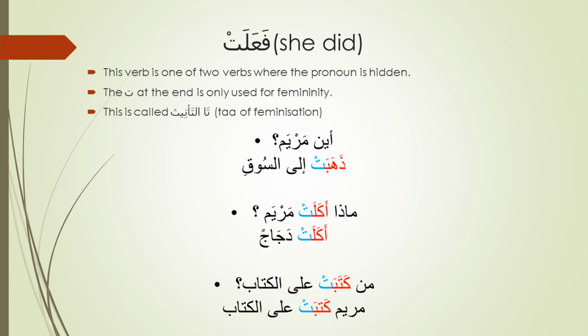These are the root letters. And fa'alat are the root letters plus a ta. The ta of femininity. And there's no doer of the action indicated here. So we have to taqdeeruhu, predict that it means he, and predict that it means she.